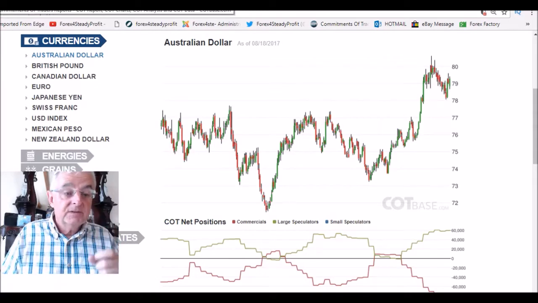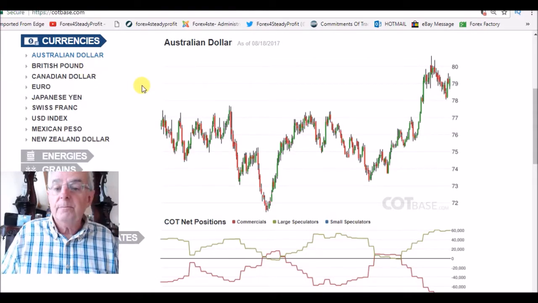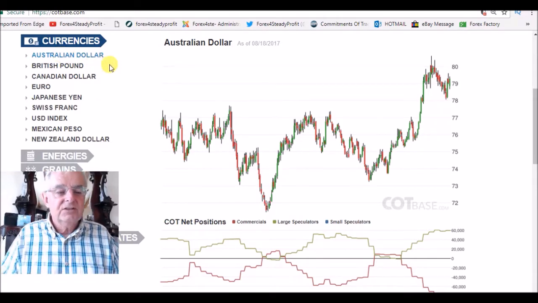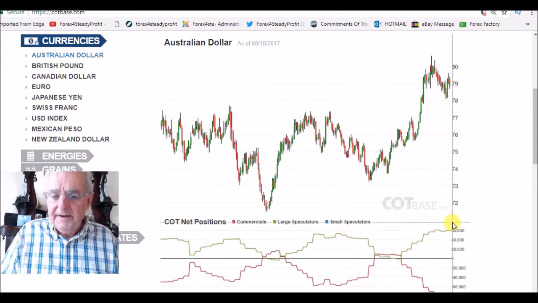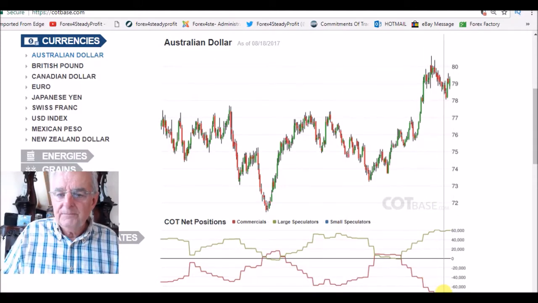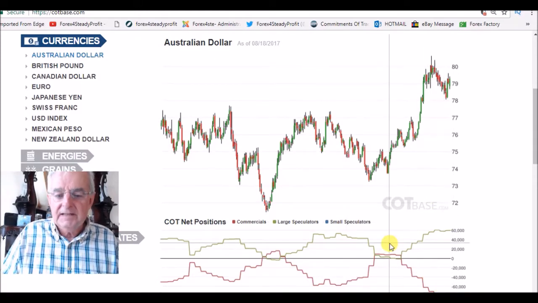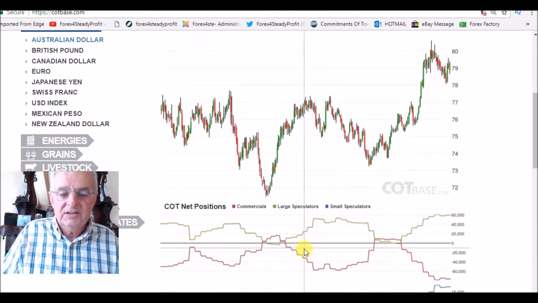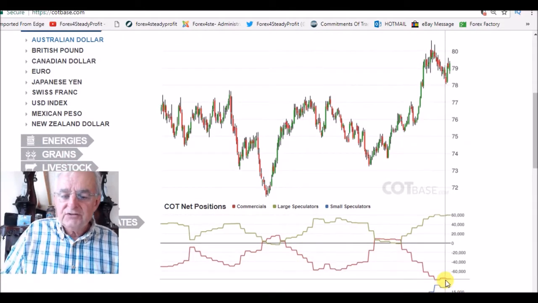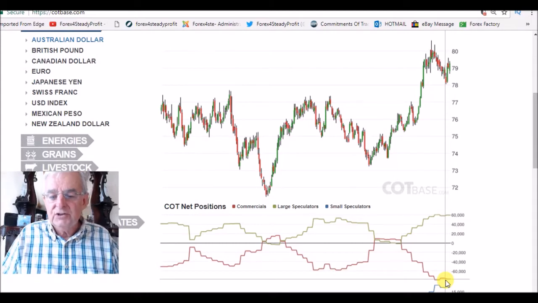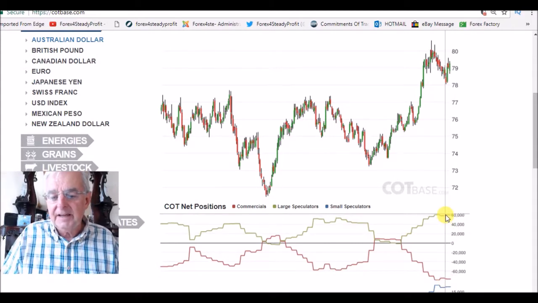This is the Commitment of Traders report on COP base and the Australian dollar. I'm going to do this in 3 parts this week because it's just too much to do in one. We are at an extreme on the Australian dollar, in extreme on the commercials and on the speculators.